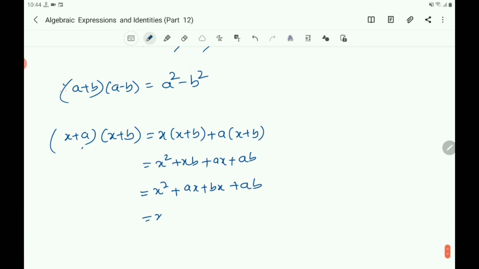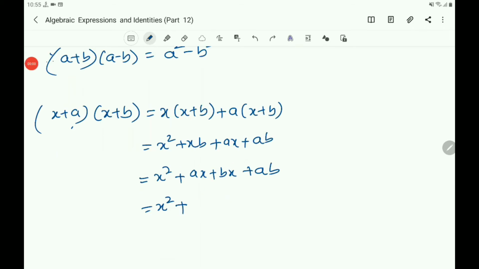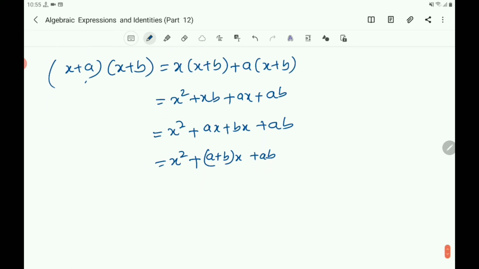Then you can write x square plus, as ax and bx are like terms, so you can take x outside and in the bracket you can write a plus b, (a plus b) into x plus ab. Here x is outside of the bracket, (a plus b). Now you can form one identity here, (x plus a) into (x plus b) equals x square plus (a plus b) into x plus ab.